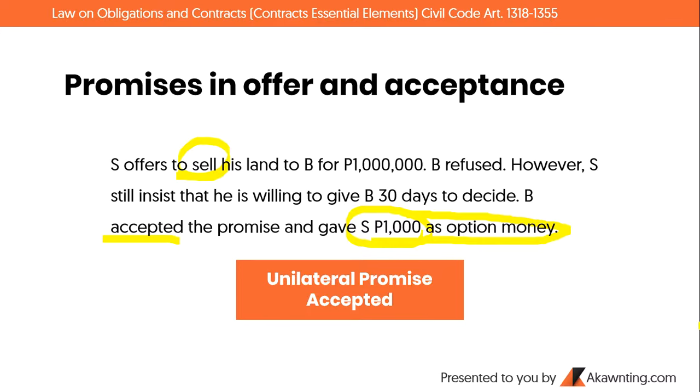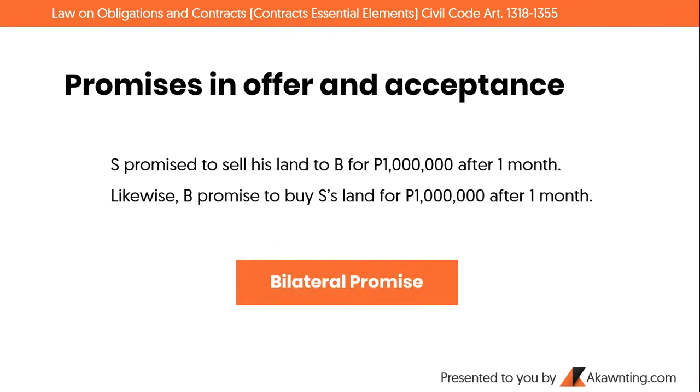So kapag naglaps na yung 30 days, mawawala na yung kanyang right doon sa option contract. Okay? So yun po yung tatandaan nyo when it comes to unilateral promise accepted. Okay? Tignan nyo muna kung meron bang consideration or wala. Okay? So last, punta tayo dun sa bilateral promise naman. S promised to sell his land to B for 1 million after 1 month.